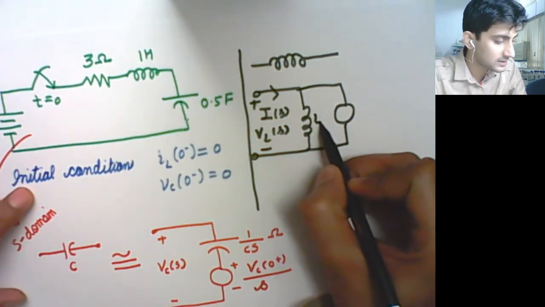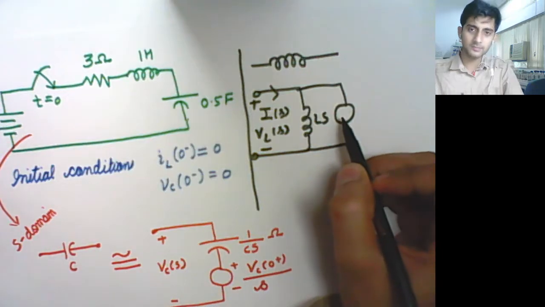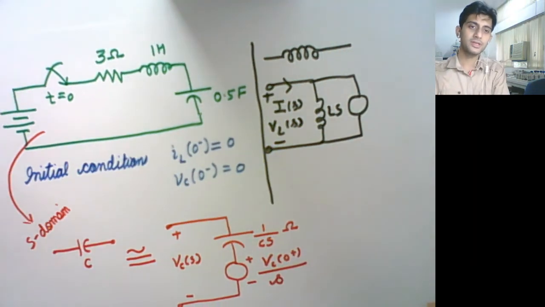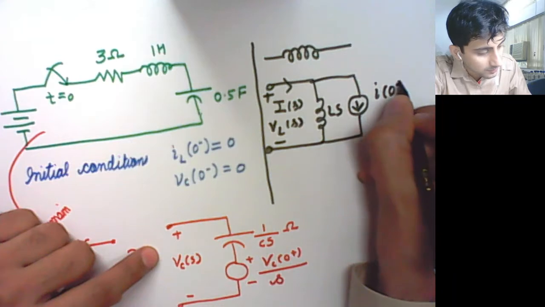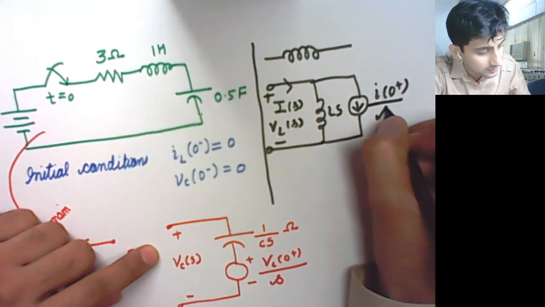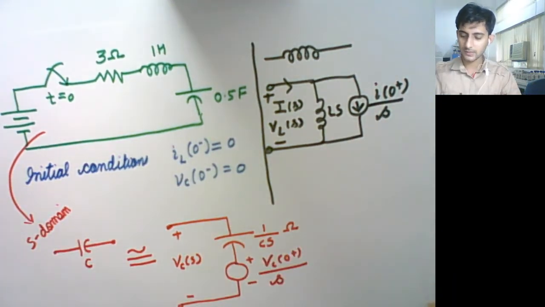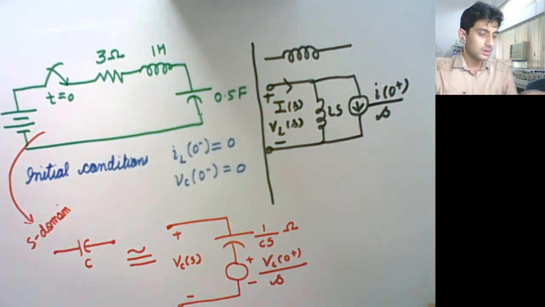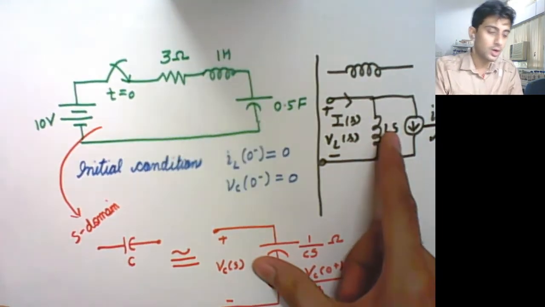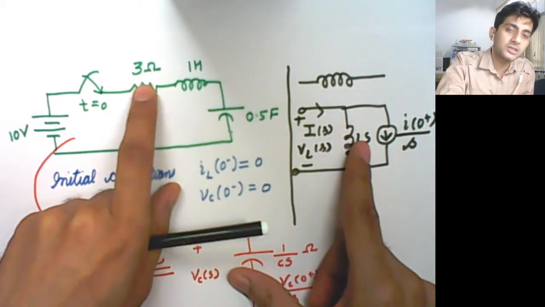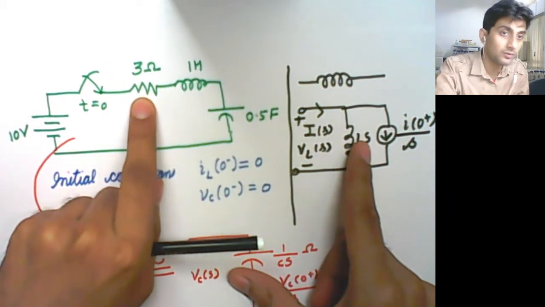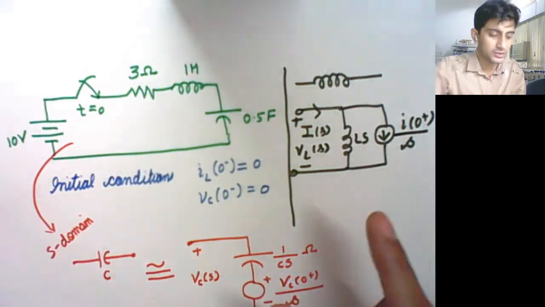And what was the direction of the current flowing, upward or downward? Downward, and the value of the current was I0 plus upon S. So these two things, along with the Laplace transform of this source and of this resistance, we have to take. Let us do that.